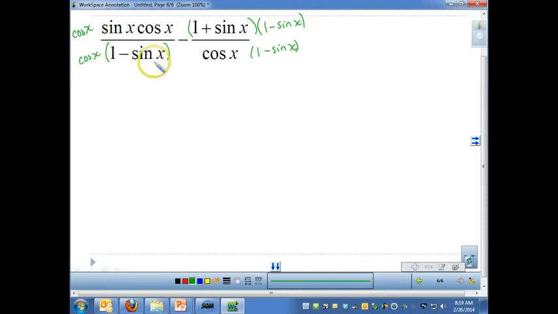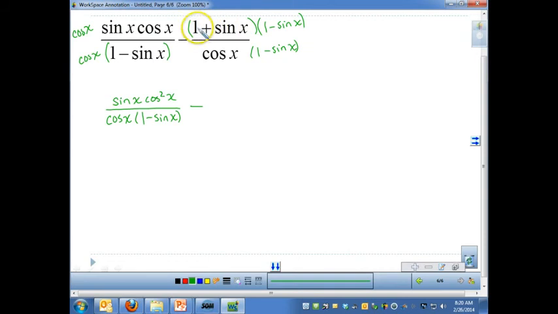So let's take the left side first. Cosine of x times the sine of x times the cosine of x would be the sine of x times the cosine squared of x, and I'm just going to leave it in its factored form for right now. You can factor it out or you can distribute it if you want. You don't have to. We may or may not need to do that.